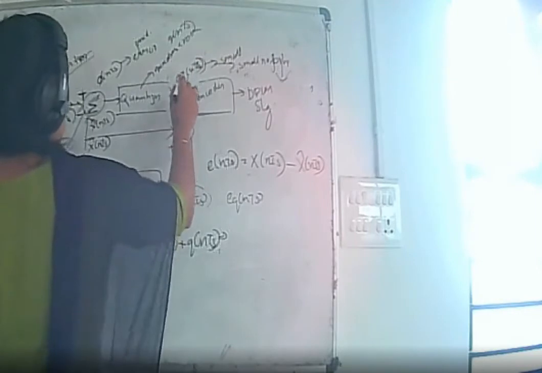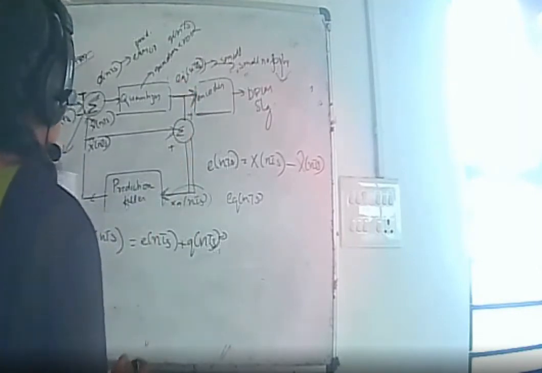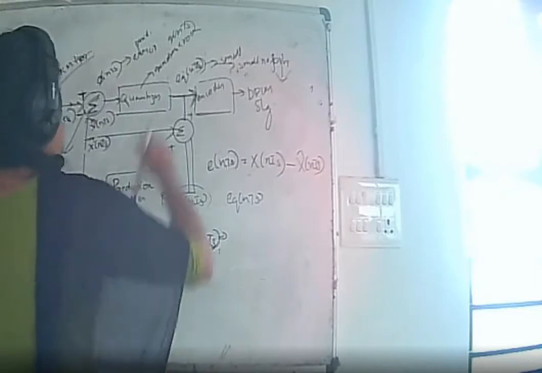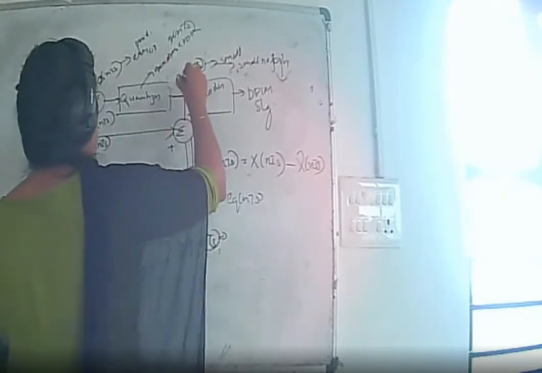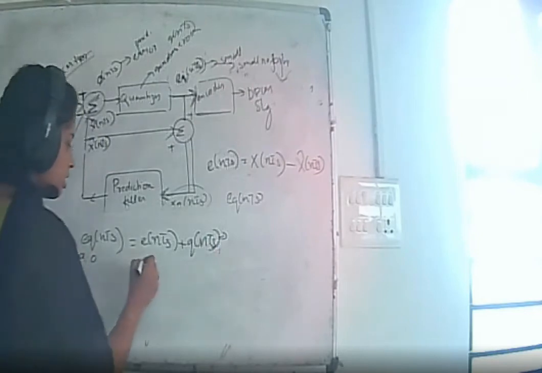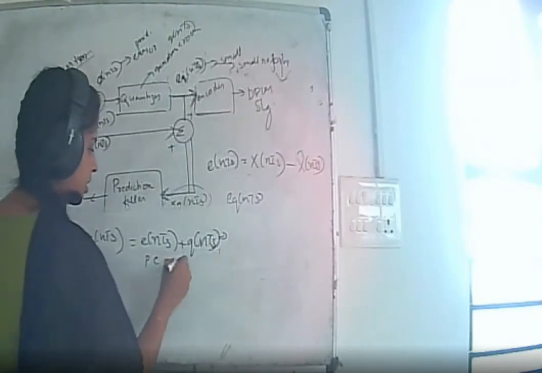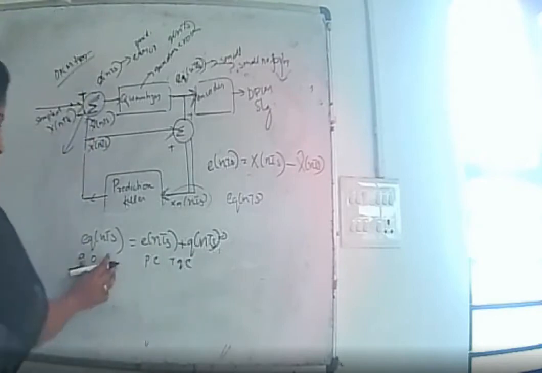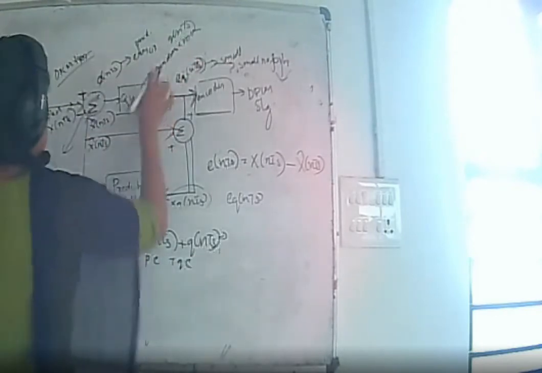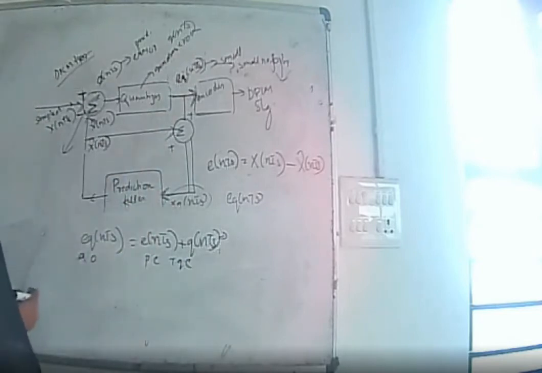That means E_q of nTs is nothing but prediction error plus quantization error. This is the quantization output, this is the prediction error, and this is the quantization error.